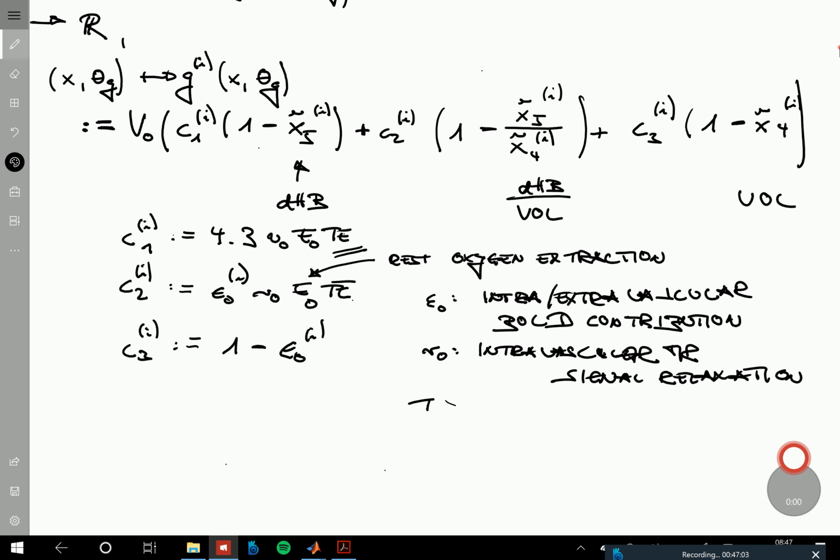TE is the echo time. mu0 is the MR frequency offset, whatever that is.